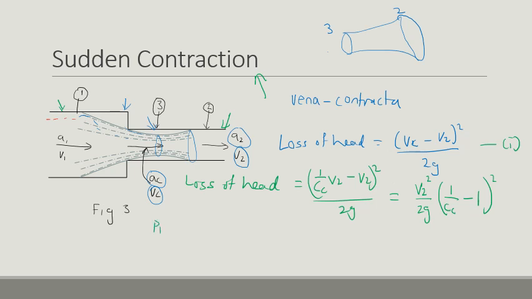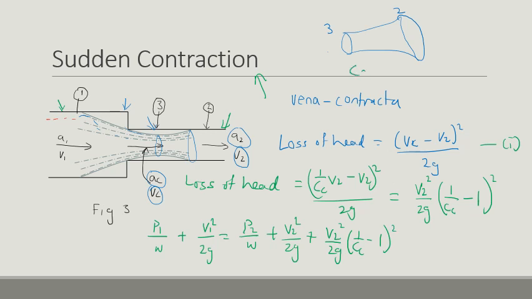We have P1 over W plus V1 square over 2g equal to P2 over W plus V2 square over 2g, plus the loss of head, which is V2 square over 2g into bracket (1 over Cc minus 1) square, where Cc is the coefficient of contraction. Sorry about my writing.